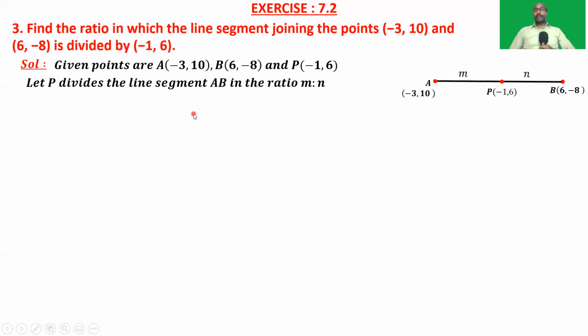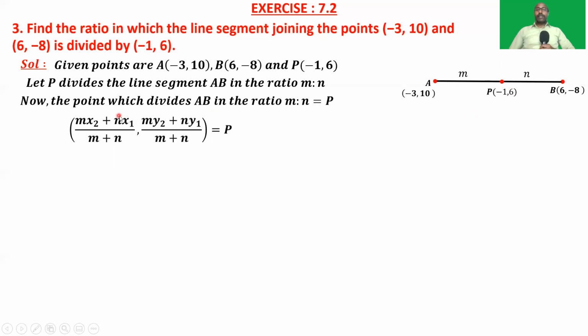So now the point which divides AB in the ratio m is to n is P. According to the section formula, the point which divides AB in the ratio m is to n is mx2 plus nx1 by m plus n comma my2 plus ny1 by m plus n, which is P.